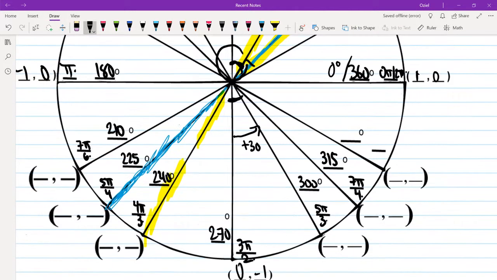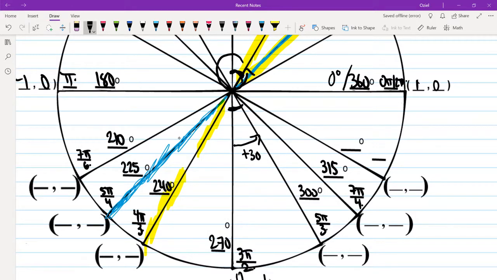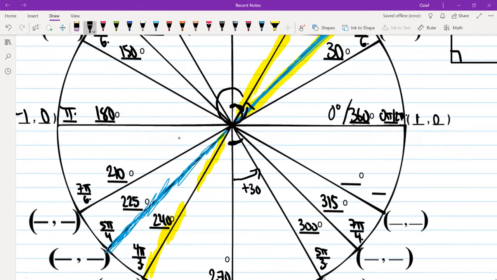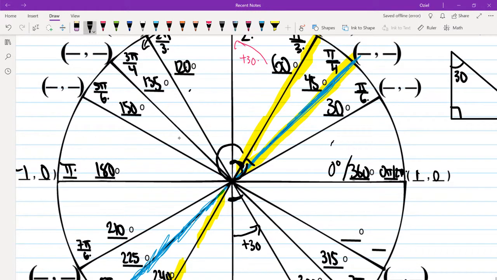Actually, in this part you have to be very careful because you don't want to get mistaken. So basically the way I look at it is you went from 0 degrees to 30 degrees over here.